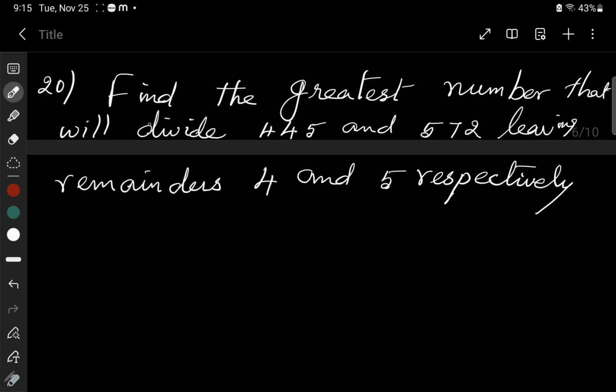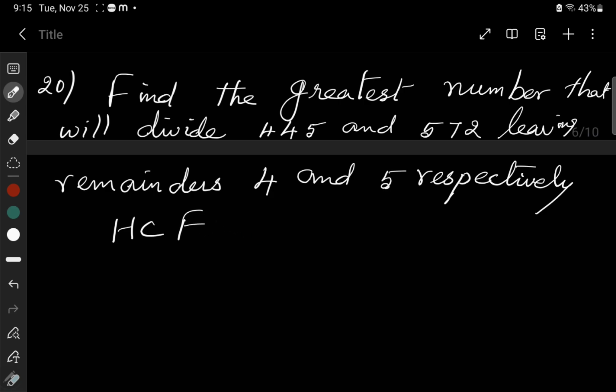See the question. Find the greatest number that will divide 445 and 572, leaving remainders 4 and 5 respectively. Find the greatest number, that is HCF, highest common factor.